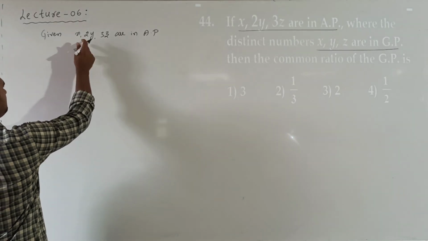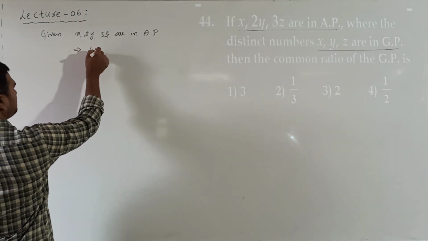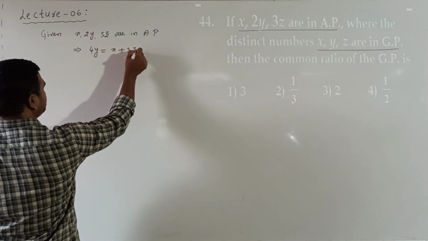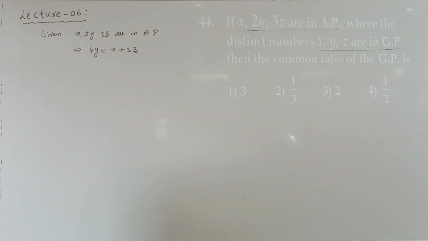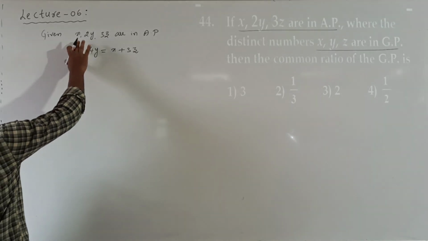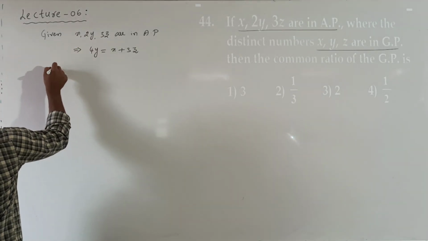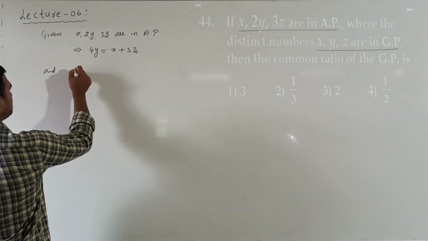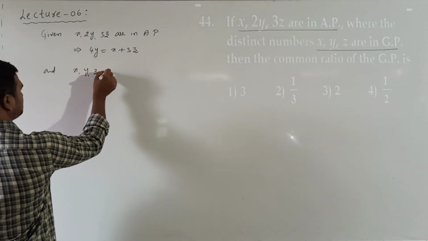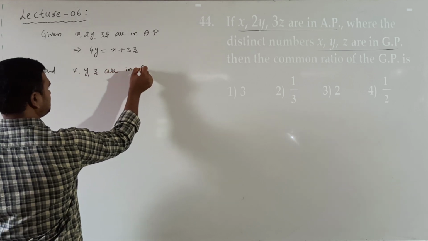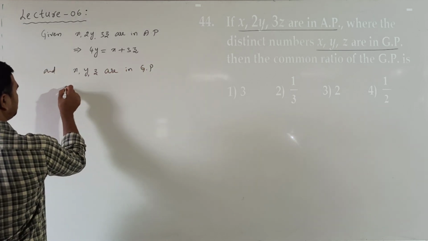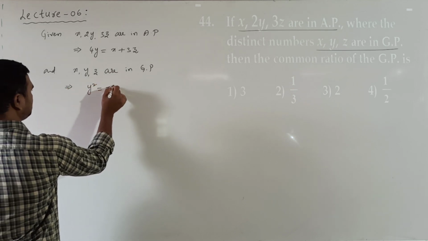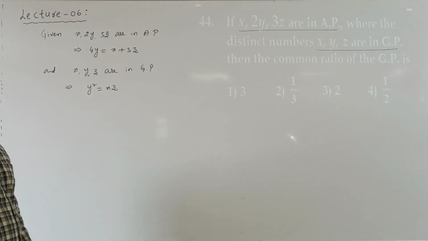So 2 times b means 4y is equal to a plus c, x plus 3z. This is the condition we get for these 3 terms. And x, y, z are in the GP given. So these are in GP means we can write y square equal to x into z.